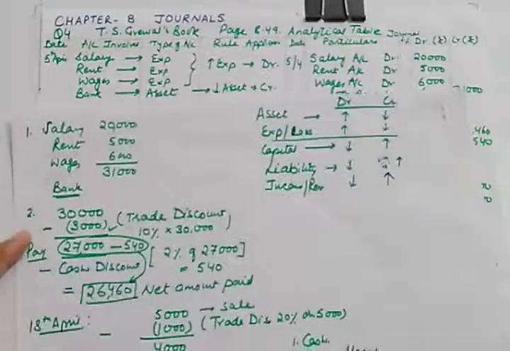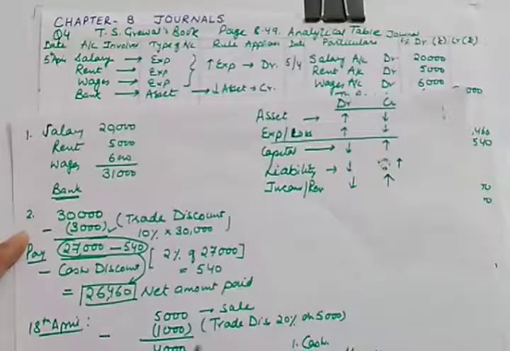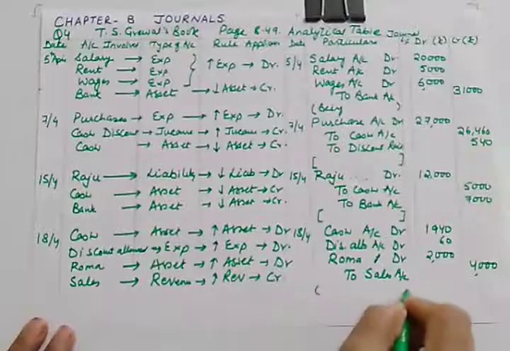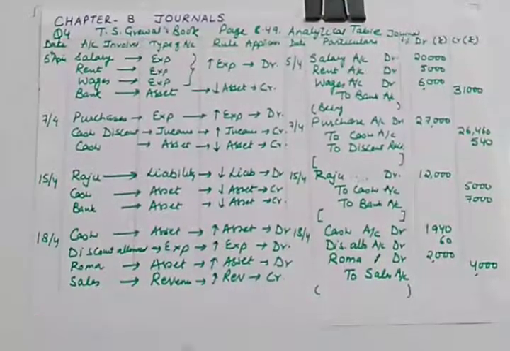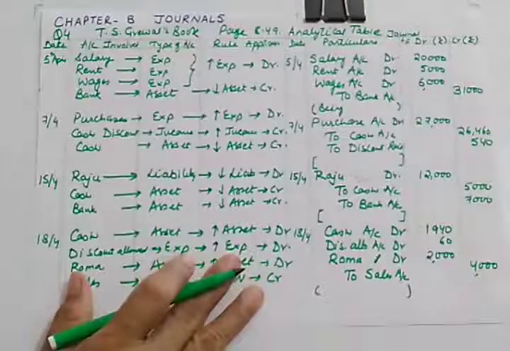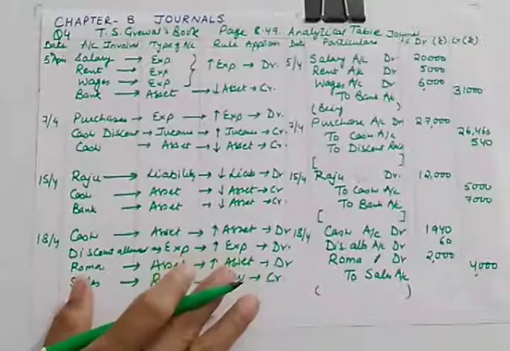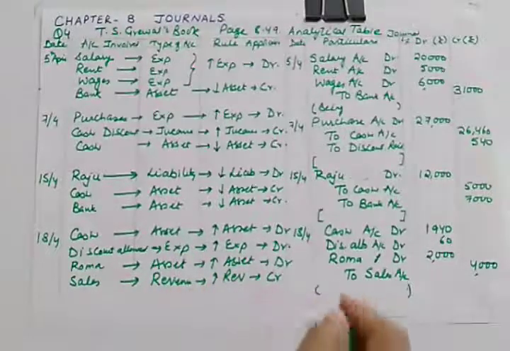So you will not be crediting sales with 5000 because trade discount has to be deducted. So I hope this treatment is clear, how we frame the journal entry with the help of analytical table, because this analytical table is very useful. You will be able to analyze the transaction and proper application of rules of debit and credit is there. And I hope you will be able to write the narration.